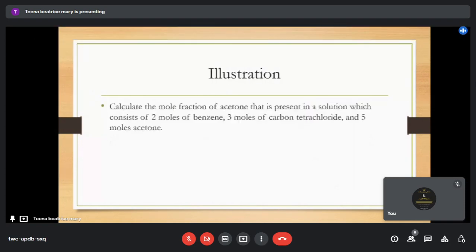So if you are having notes, you can take your notes and you can start the calculation.